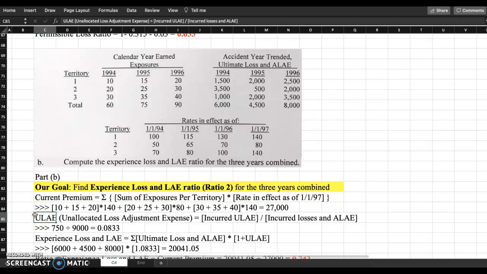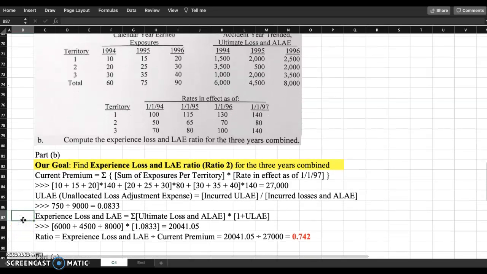And ULAE, unallocated loss adjustment expense, is defined as incurred ULAE over incurred losses, and ALAE, which is allocated loss adjustment expense. So we get that as 750 divided by 9,000, which is 8.33%.